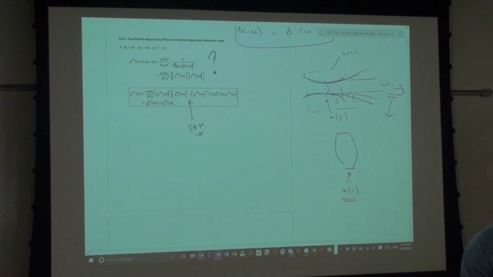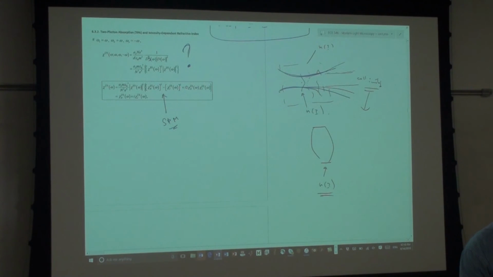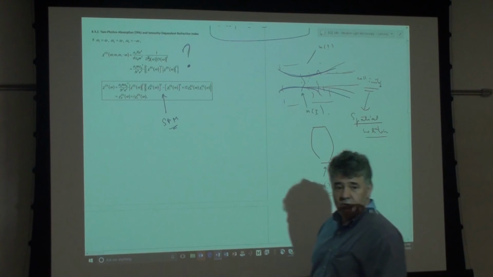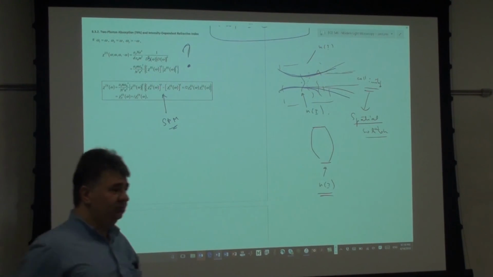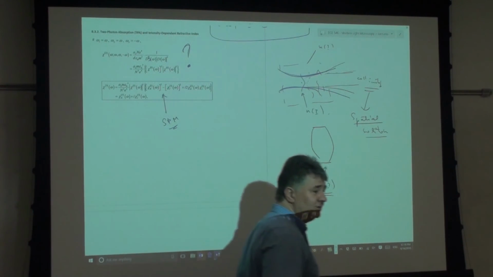This is all Kerr effect, all chi3 is Kerr. This is called a spatial soliton. Solitary, I don't know where the name is coming from, but I imagine that's where it's coming from.